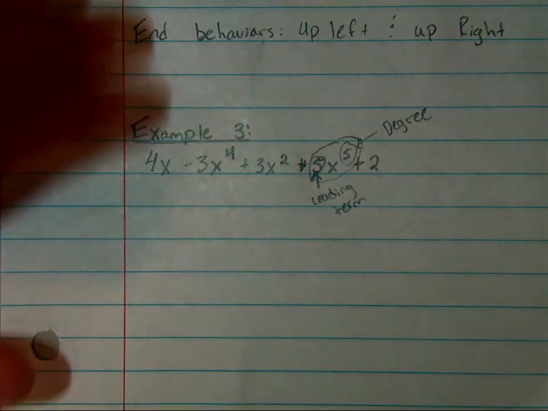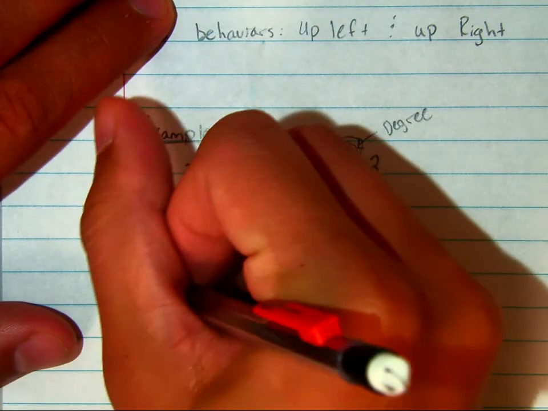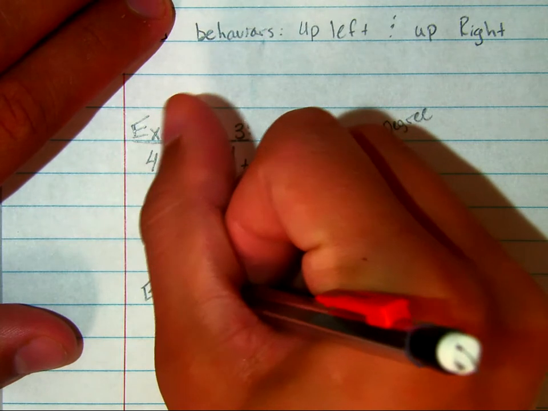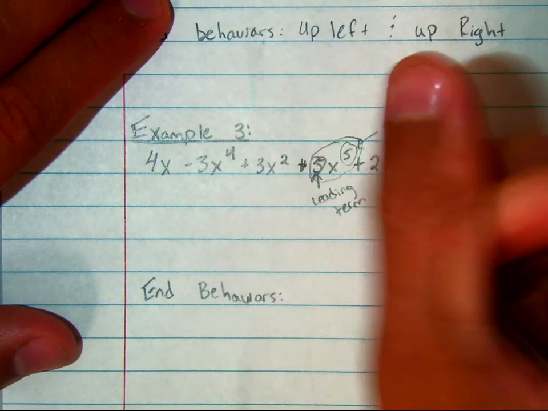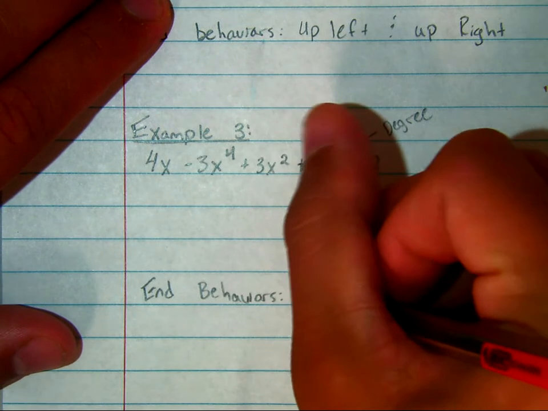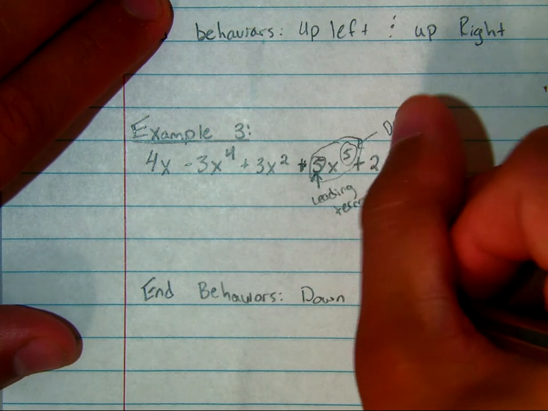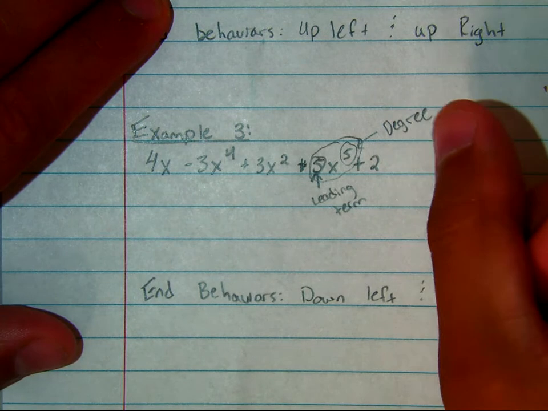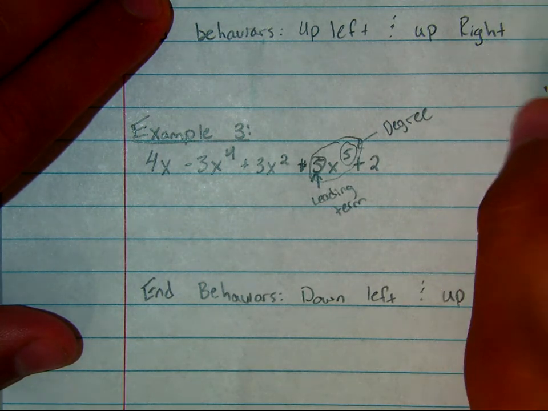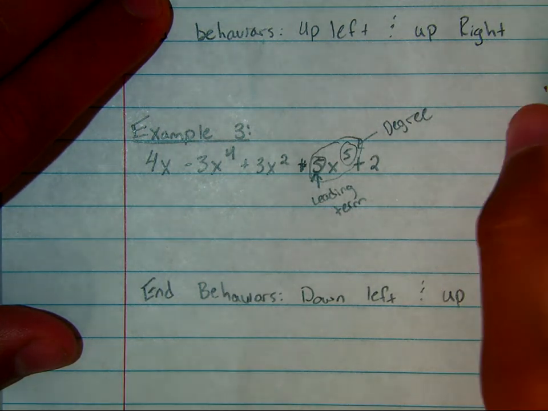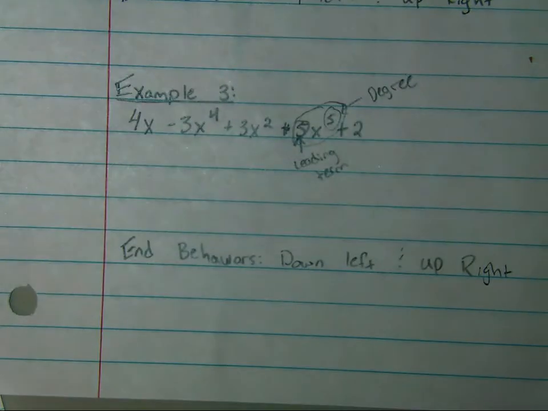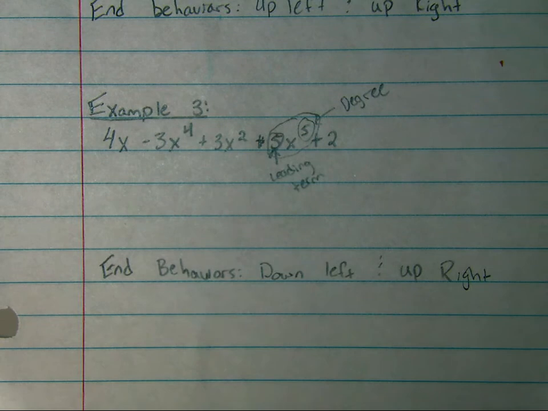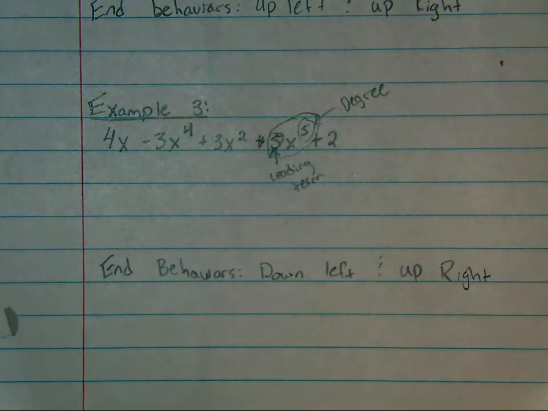I can say the end behaviors are down left and up right. So in a general way, that is how you find the end behaviors if you're given a polynomial.